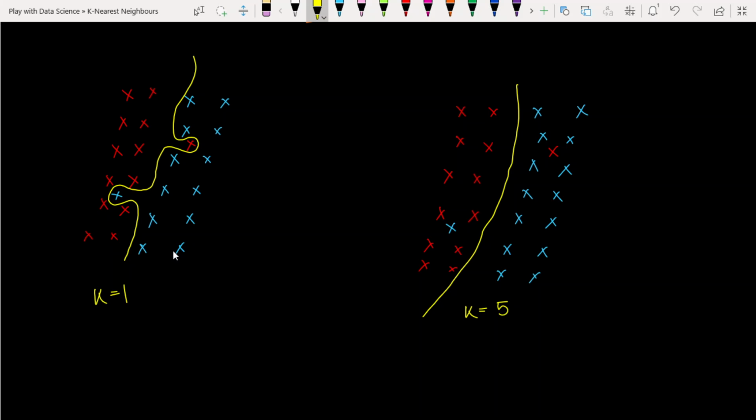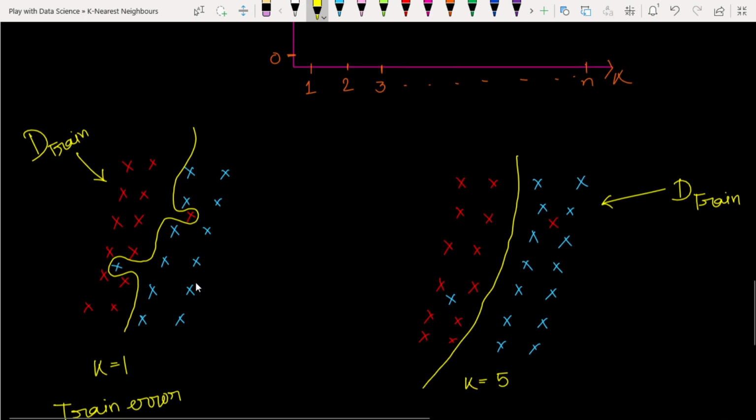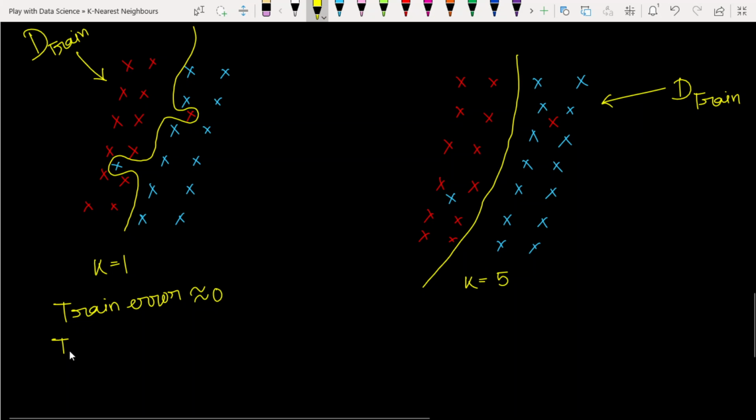If we find the accuracy with k equals 1 on the training data, we get no error, because these points are coming from the training data set. So we are making no mistakes, and the train error is approximately 0. In other words, here our train error is low.